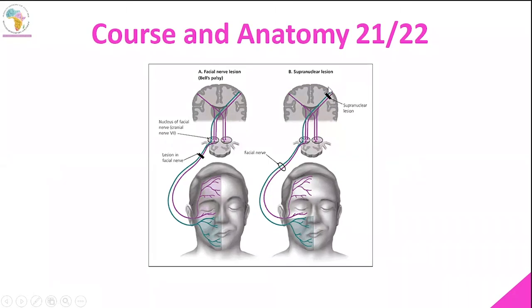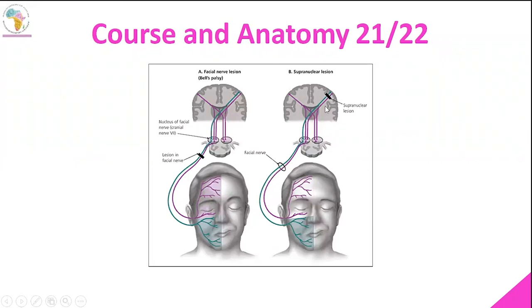So if the left has a lesion, the right side will still compensate. In short, the lower motor neurons that supply the lower half do not receive from both sides, meaning there's no compensation once there's a lesion on the contralateral side.